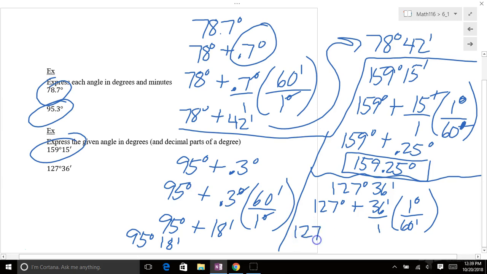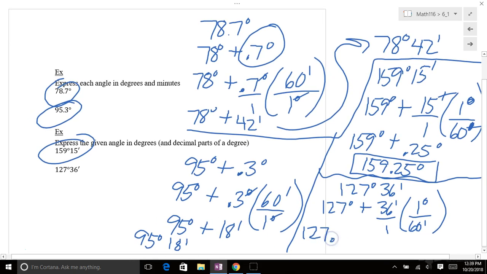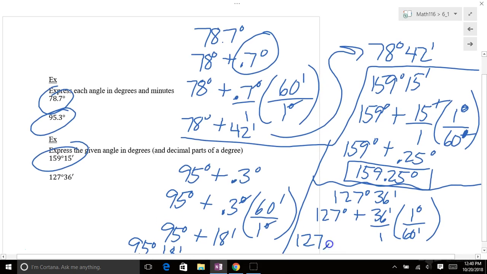So it's 127 plus 0.6 degrees, 127.6 degrees. 36 divided by 60 is 0.6.